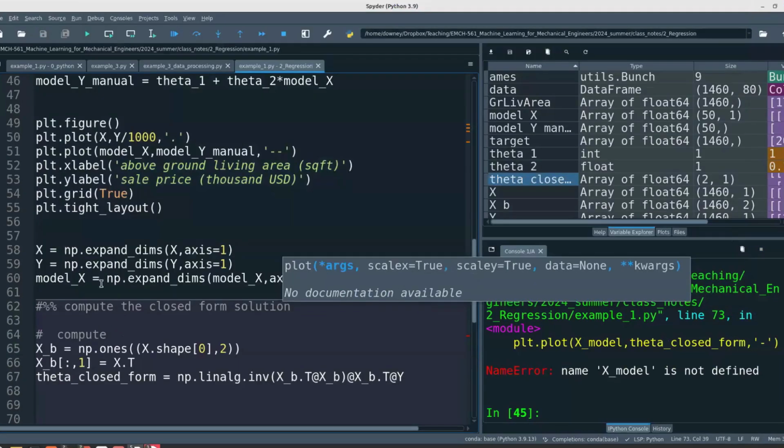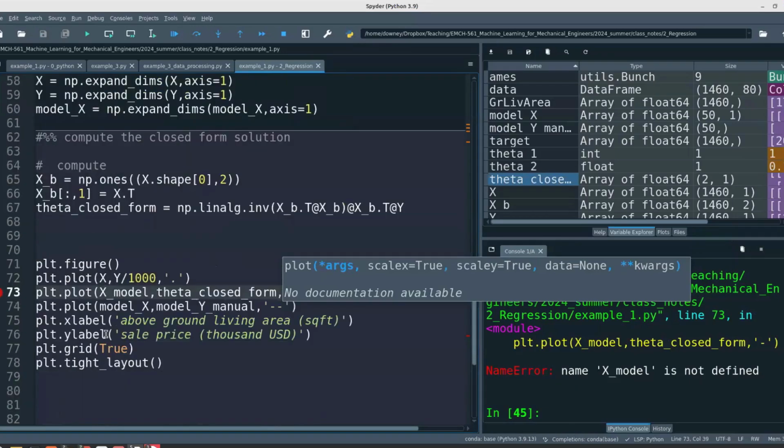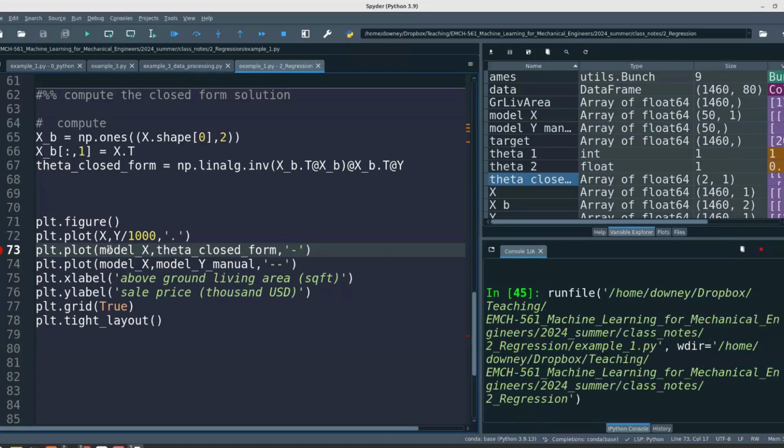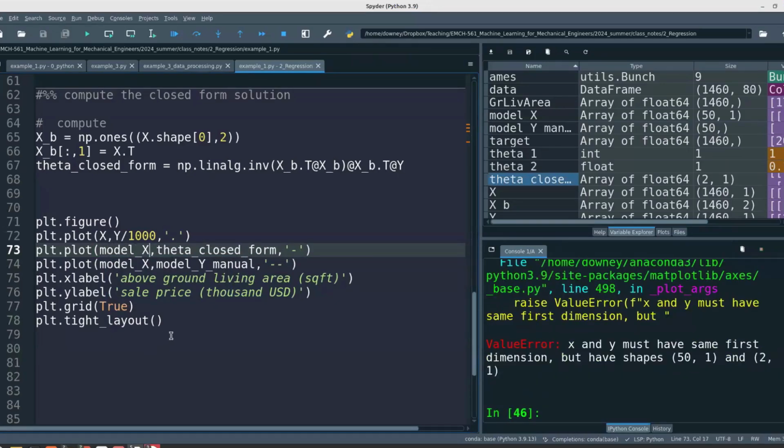So what is, oh, model underscore X. Really point that out. Aha, it's always an issue. Okay. Oh yes, sorry. Theta, no, that's not what we want. So theta closed form just gives me my parameters, right? I need to actually solve that.